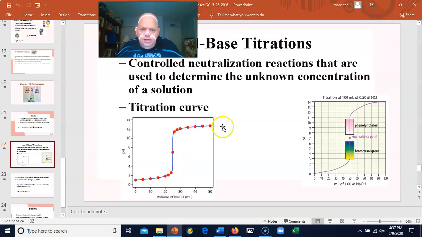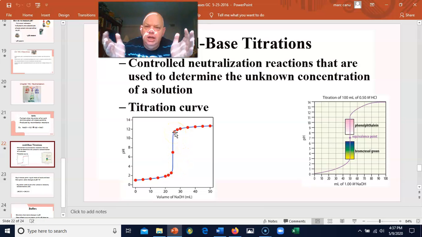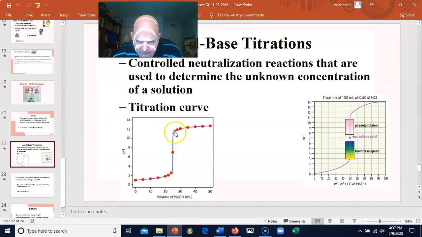So if you look at this curve, this thing is slowly going up, and then all of a sudden, it just shoots up. Okay, shoots up like a rocket. It's shooting up like Grandmaster C's next album release sales. Okay, shooting up there so fast in such a short amount of milliliters of NaOH. And then the rest of it, we don't care.